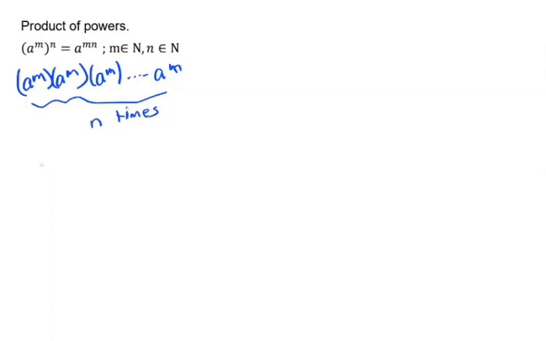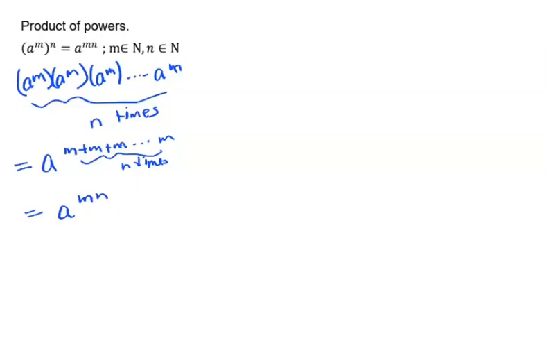So if we use the sum rule, I will have a to the m plus m plus m, n times, and that we know is just a to the m times n, because it's like 2 plus 2 plus 2, that is 3 times 2. So it's the same thing.